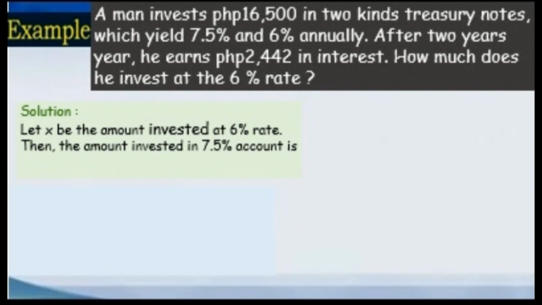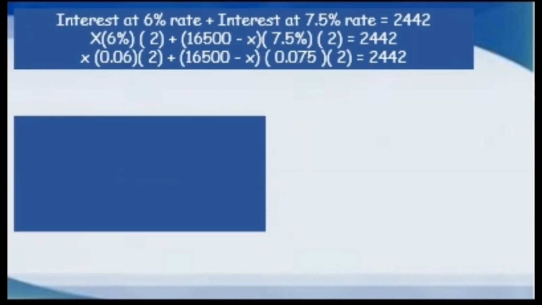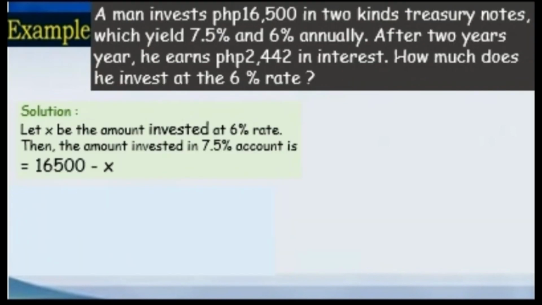And then the amount invested in 7.5% account is 16,500 minus X. So, yan yung mga kailangan natin. So, bakit naging 16,500 minus X yung sa 7.5% is because we don't know what is the amount he invested at 6%.